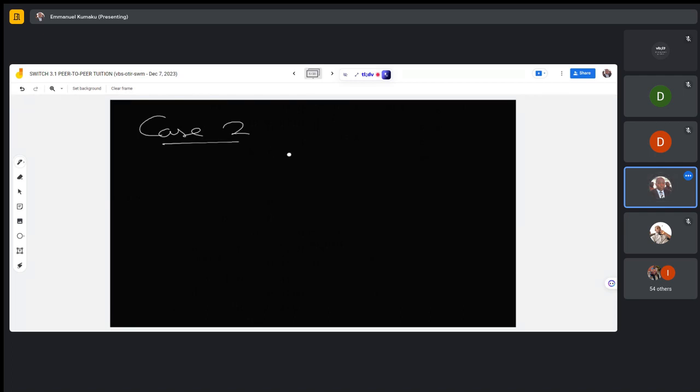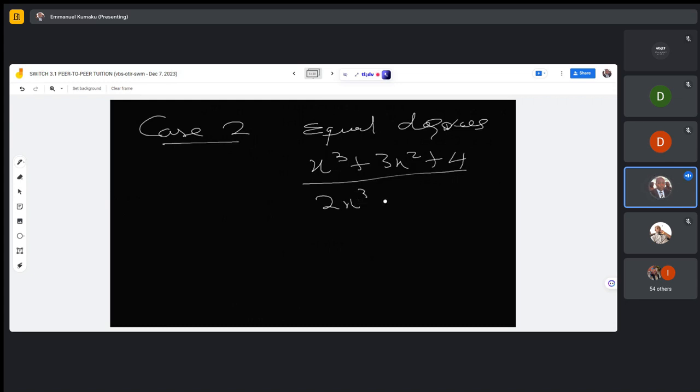Case 2, where the numerator and the denominator have equal degrees. An expression such as x cubed plus 3x squared plus 4 all over, let's say, 2x cubed minus 3, is an example. The degree at the top is 3, and the degree at the bottom is also 3.